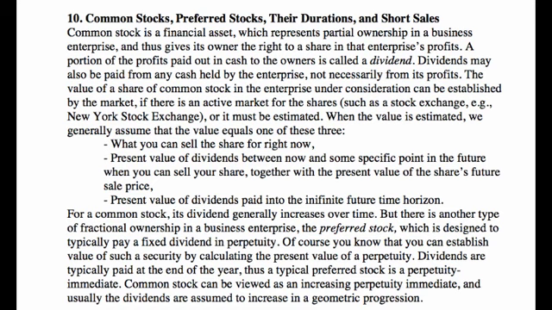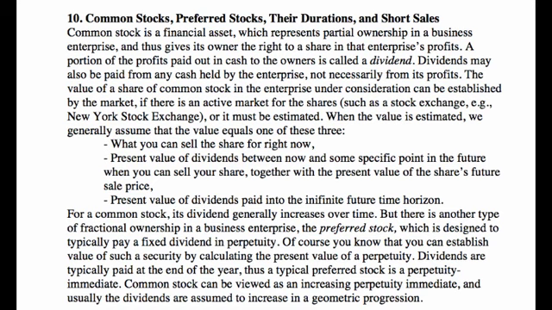And the value of a share of a common stock, one piece, the smallest unit, can be established by the market if there's an active market for the shares, and the biggest market in the US for that is a stock exchange called the New York Stock Exchange, but there are other stock exchanges as well. Or it must be estimated.